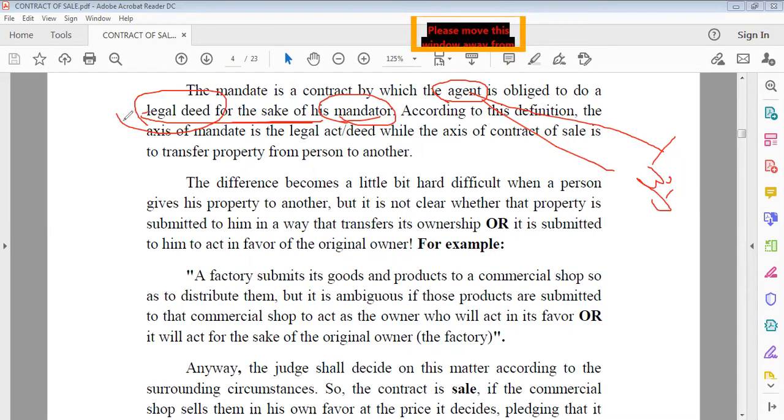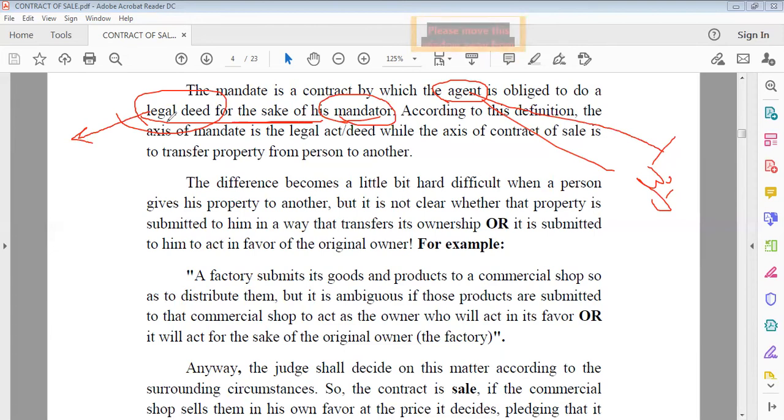Look, not every kind of deed. The material ones are outside the scope of the obligation of the agent. The agent's obligations are always legal ones.